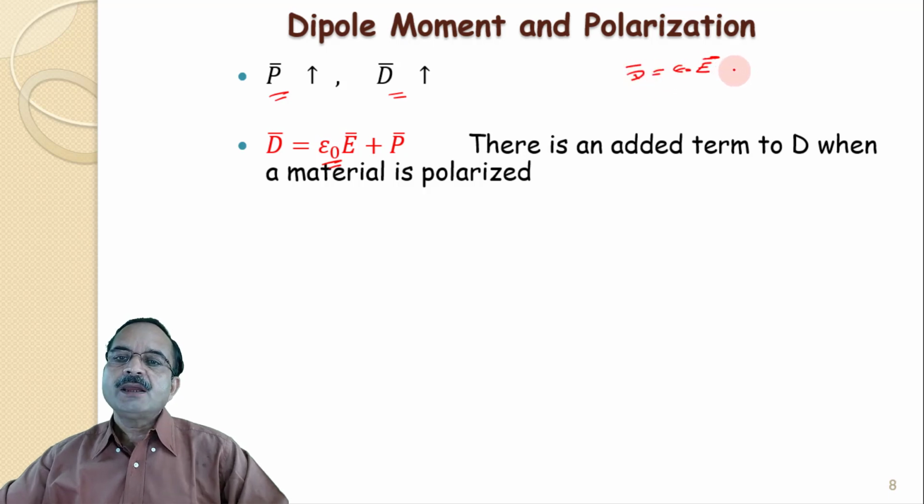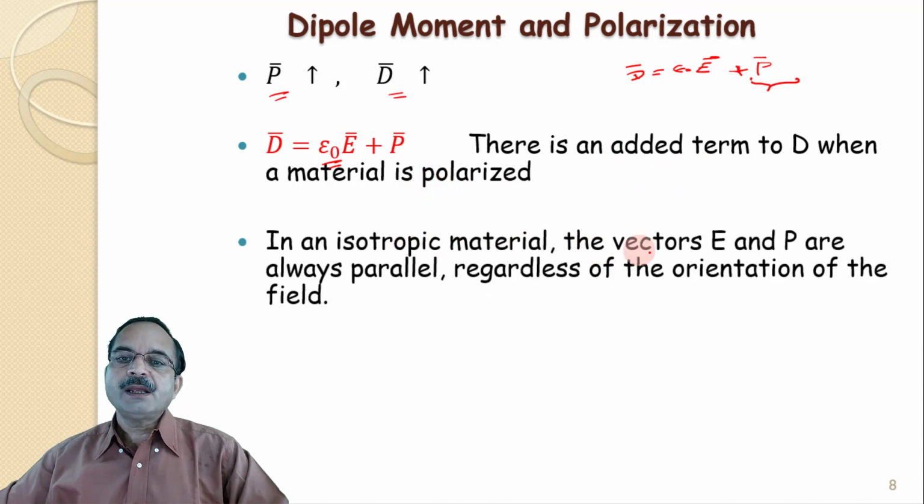But in addition, if there is a polarization, then the electric flux density is epsilon 0 E plus P. This part of the electric flux density is because of polarization. It gets added when the material is polarized.